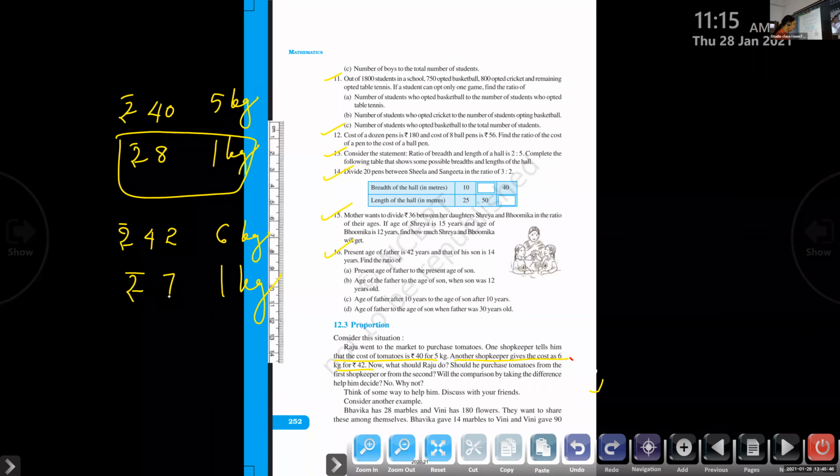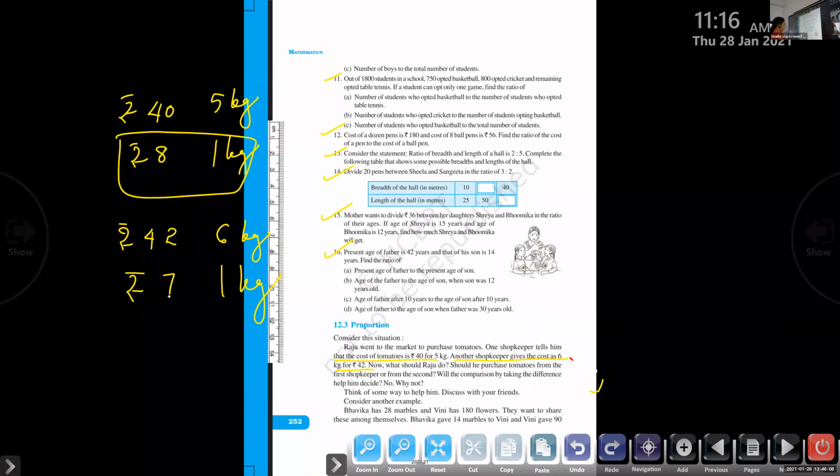So we'll find 1 kilogram's cost. How will you get 1 kilogram's cost from here? Total rupees by weight, isn't it?